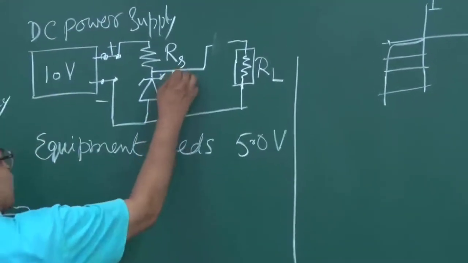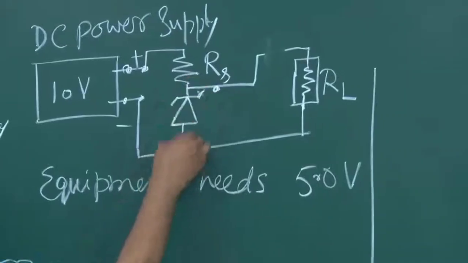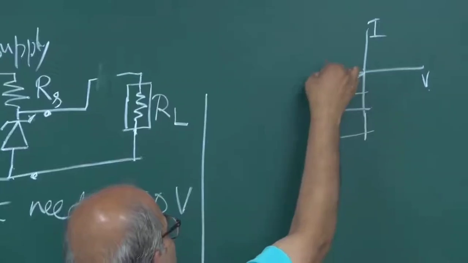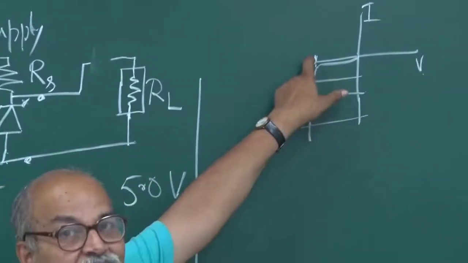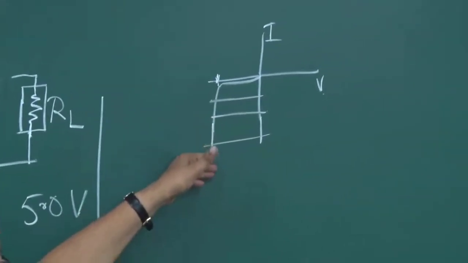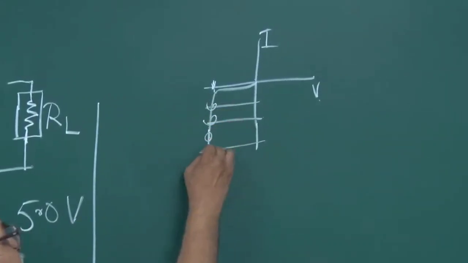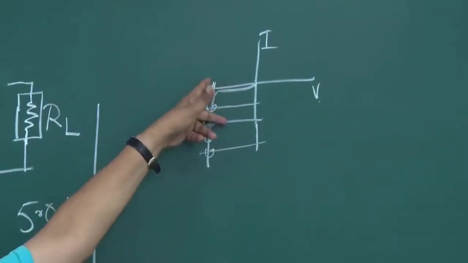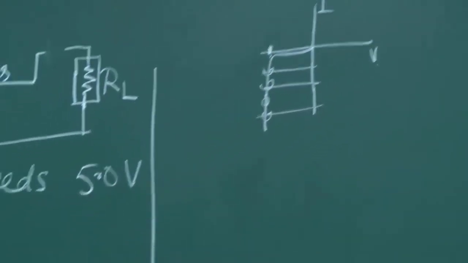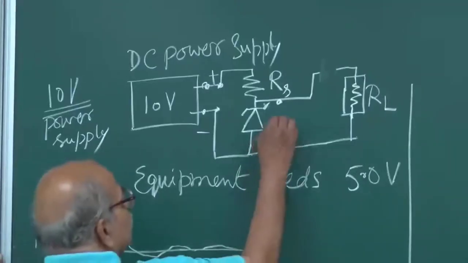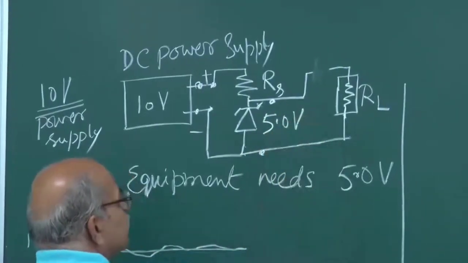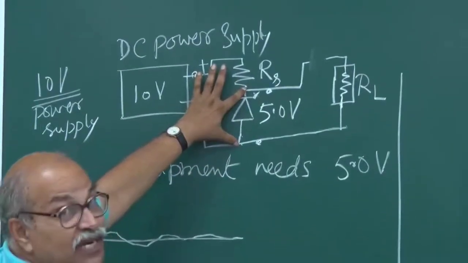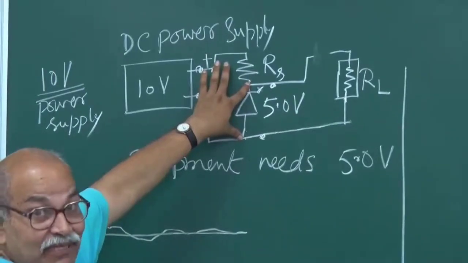And the voltage across this Zener, remember this is the IV characteristic, when it is operating in the breakdown region, somewhere here, the voltage is fixed, and that is the breakdown voltage, 5.0 volt. Whatever be the current, the voltage here is 5.0 volt if you are operating in that breakdown region.